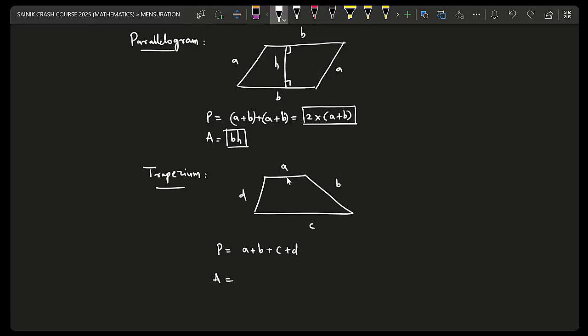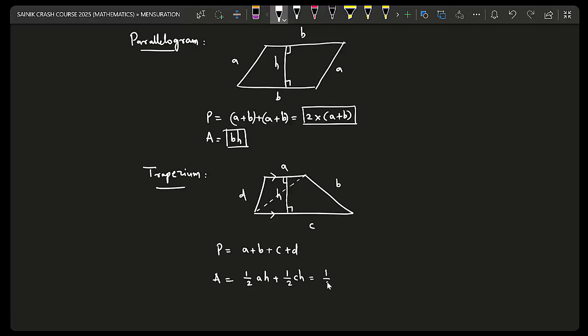If you take the perpendicular distance between these two parallel sides, we know these two are parallel, so this is H. Now to get the area, we divide the trapezium into two triangles. The top triangle area is half into base into height. A I took as base and H is the corresponding height. And for the bottom triangle, the base is C and height is H.